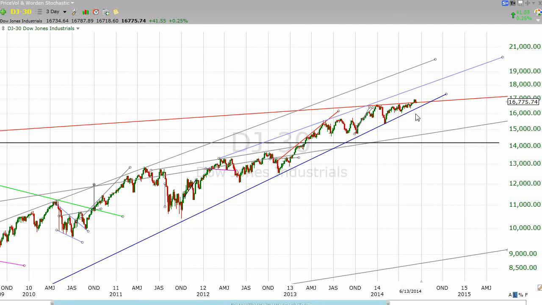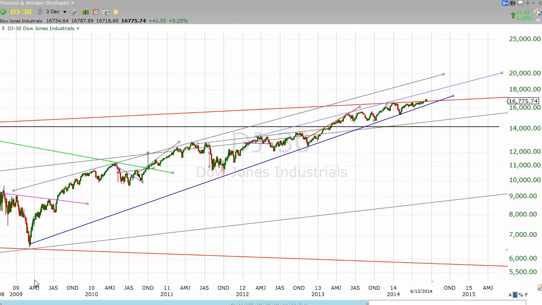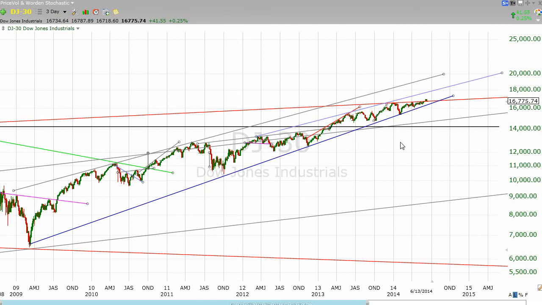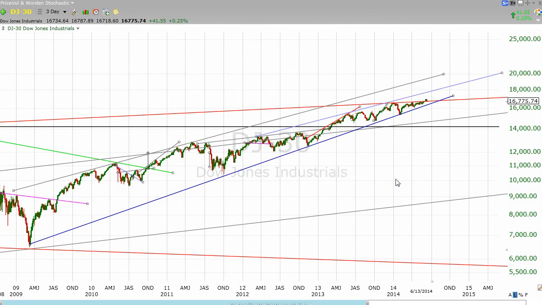Okay, so far this blue line has been essentially rock solid, with our original touch back in March of 2009, again in October of 2011, November of 2012, almost October of 2013, not quite, and then this touch right here, which was back in February of 2014.